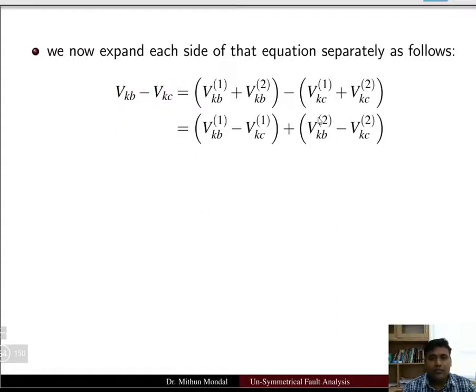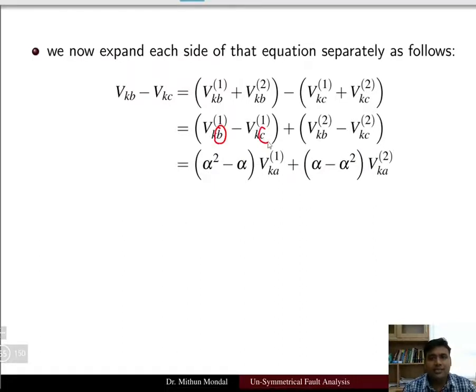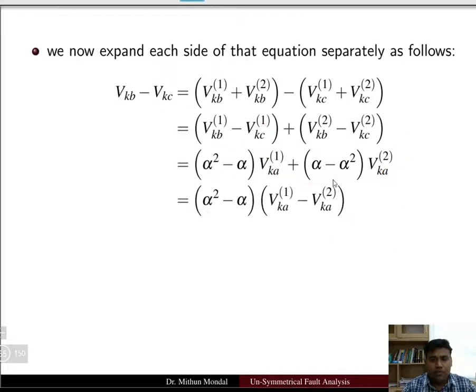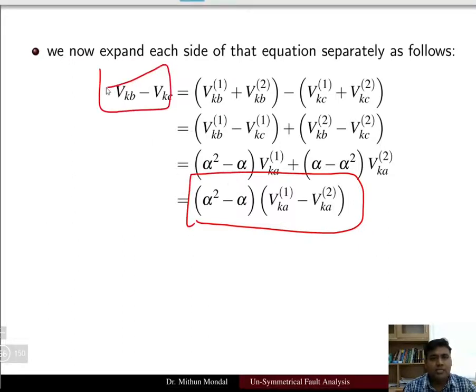Now further, if we take the positive sequence on one side and the negative sequence on the other, and replace phase B and phase C with respect to phase A, then we get alpha square minus alpha with respect to the phase A voltage in the positive sequence and phase A voltage with respect to negative sequence. So we have the final equation: VKB minus VKC is equal to alpha square minus alpha times the difference of positive sequence and negative sequence voltages of the fault bus K in phase A.